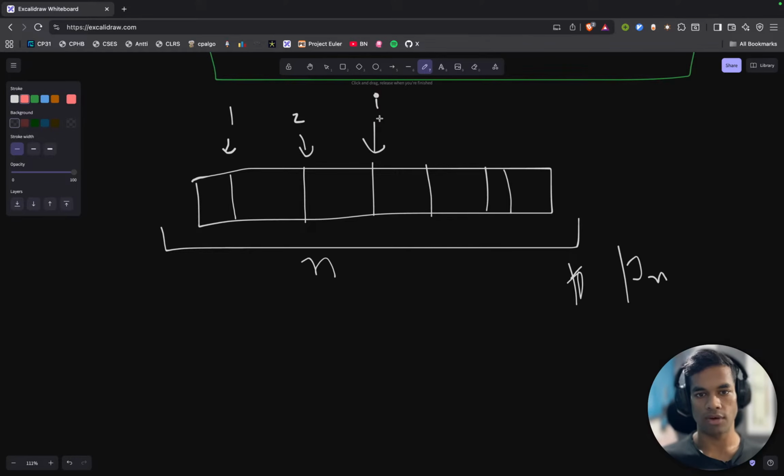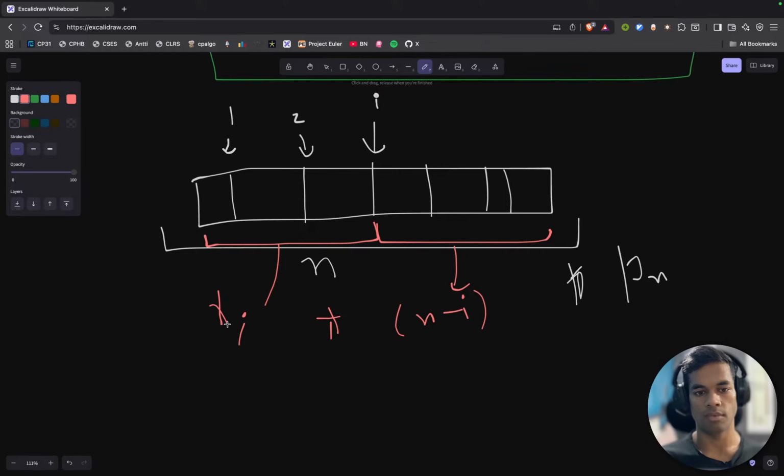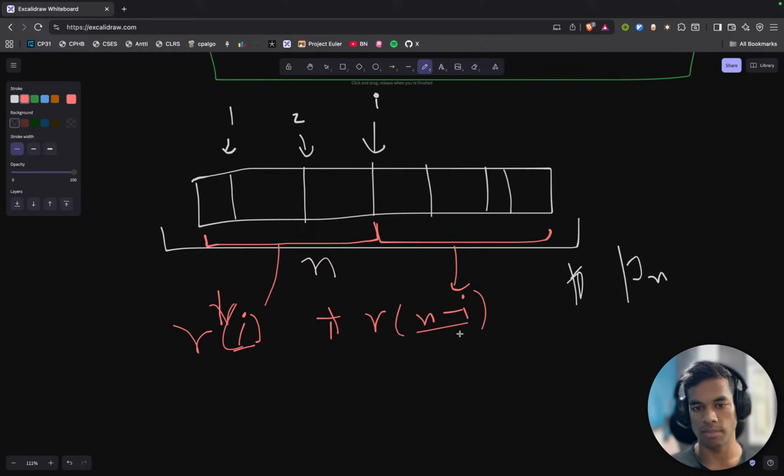If I cut the rod at this location i, what is the best optimal way to cut this left half whose length is i, and what is the best optimal way to cut this right half whose length is n minus i? And what would be the combined cost of these two, which would be r_i, the best way to sell a rod of length i, and r_{n-i}, the best way to sell a rod of length n minus i.